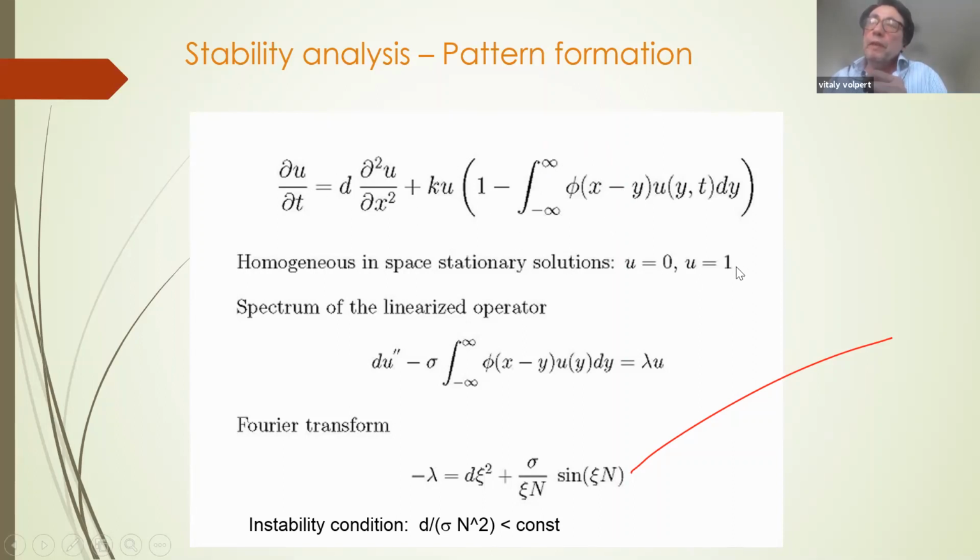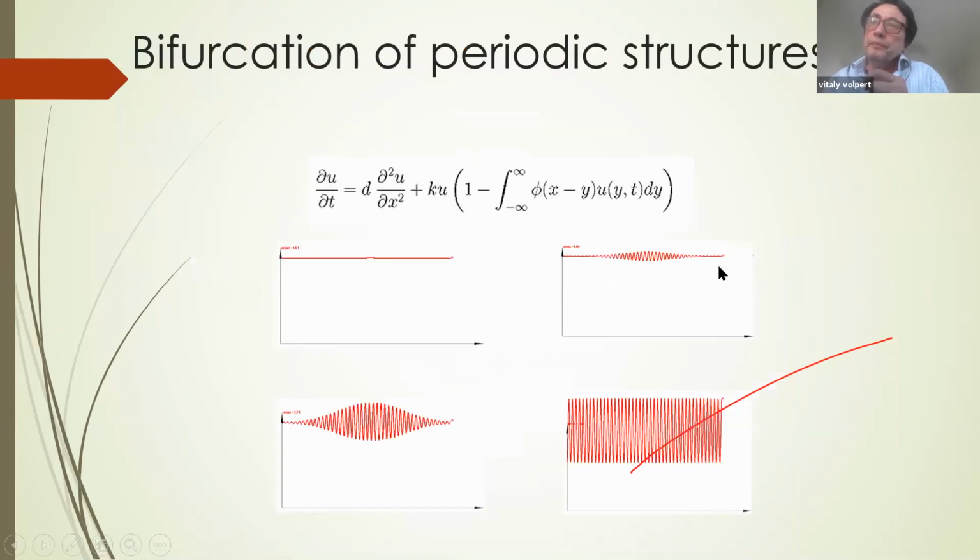So u equal 1 is a stationary solution of this equation. We can linearize our equation about the stationary solution, and then we obtain this eigenvalue problem. Then we apply the Fourier transform and obtain explicitly the eigenvalues for this problem. Like that, we can study the stability of this solution u equal 1.